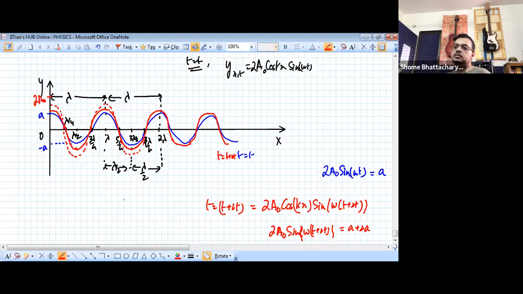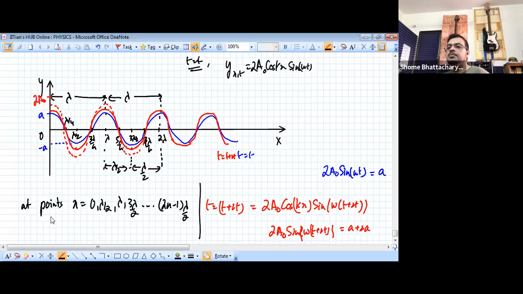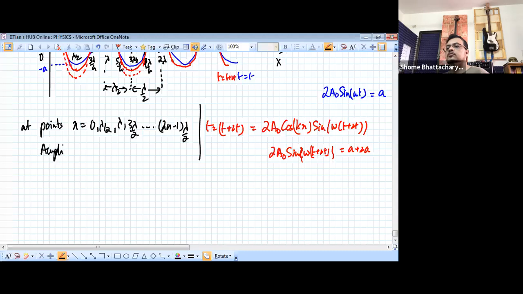So you can see here that at the points x equal to 0, lambda by 2, lambda, 3 lambda by 2, or 2n minus 1 lambda by 2, these kind of terms, the amplitude of oscillation is 2a, because cos kx is equal to 1.